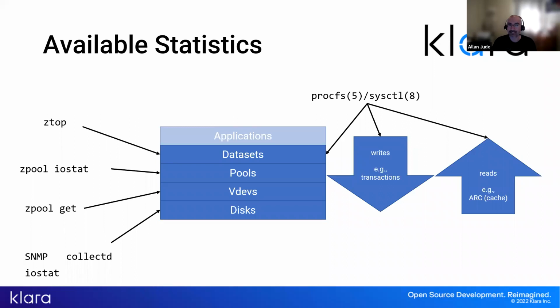We get that directly from the application, and then at the dataset layer, we're counting them there, and we're seeing exactly how they came in from the application. But as they go into the pool, ZFS is going to aggregate some of those small writes into bigger ones, or split that 10 megabyte write up into records, depending on your record size, could be 128K, 1 megabyte, whatever. And you're going to have different physical writes that are going to come out of those logical writes from the application. And that happens at the pool level.